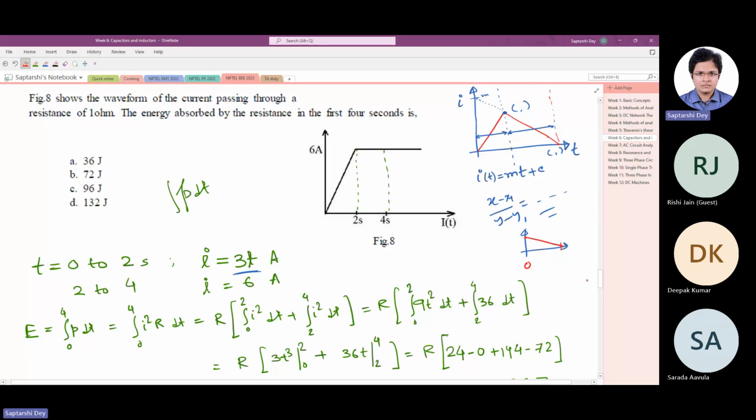Basically, this is origin shifting. The integration will also be easier because you will not have any constant term. One less term in the integration, and then add up the energies. Okay. Do you get my point?